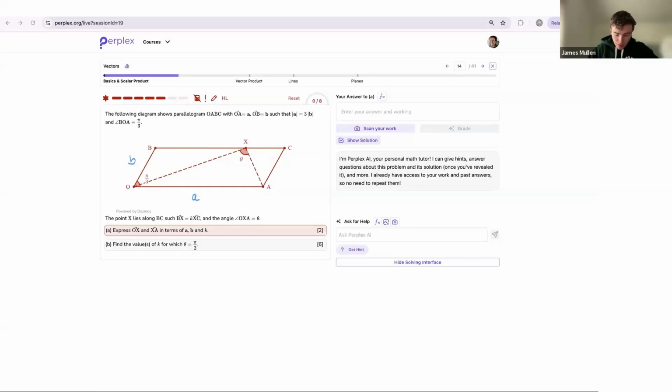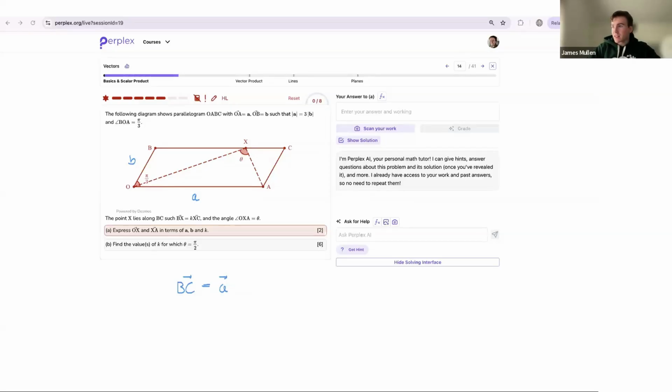All right, so let's start by writing out what I know, which is that BC is going to be equal to a. To go from B to C, I just do a. I can see that on my diagram.